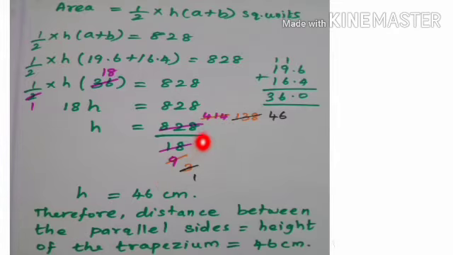And then by using the 3 table, when we cancel 414 and 9 by 3 we get 3 times and 138 times. Now again by using the third table, it is 1 time and 46 times. So h is equal to 46, which is the distance between the parallel sides of the trapezium, 46 centimeter.